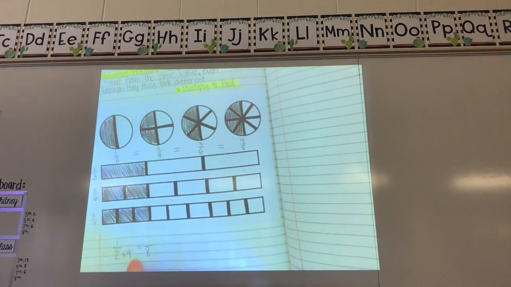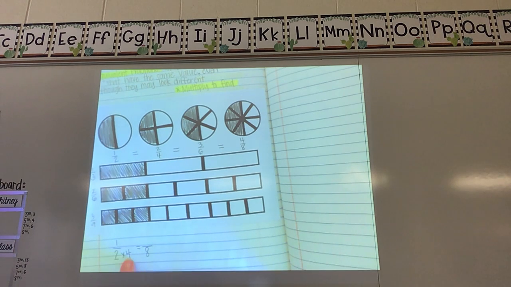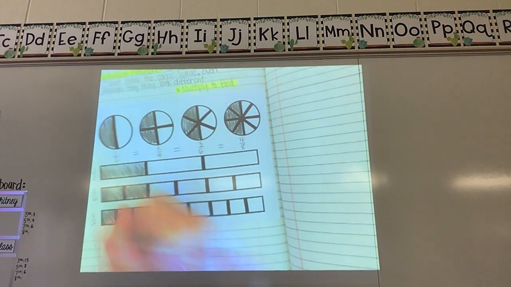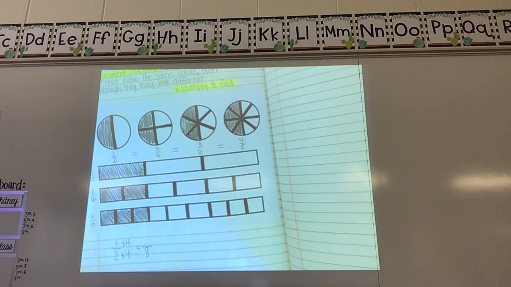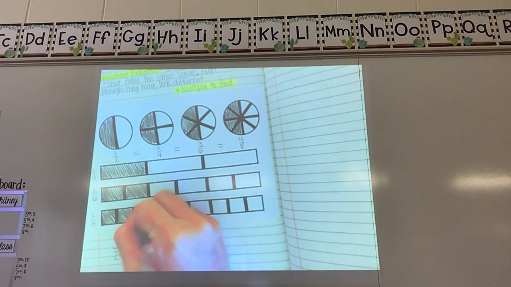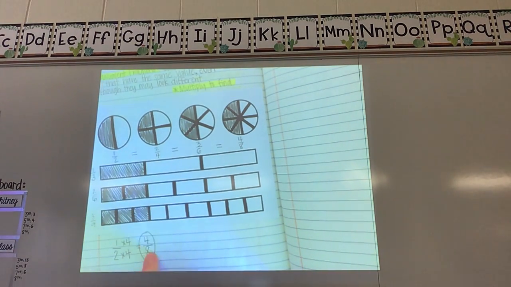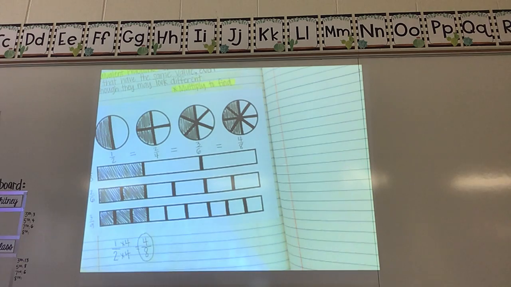So 2 times 4 would change it to an 8. If I multiply by 4 on the bottom, I have to do the same thing on the top. So on my top number, I also need to multiply by 4. And then I'm just going to solve. 1 times 4 would be 4. So that means that 1/2 and 4/8 are equivalent. They equal the same amount.